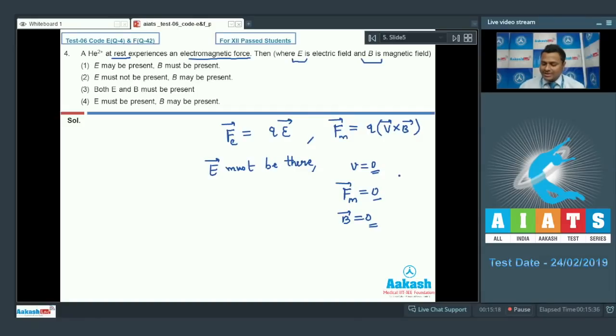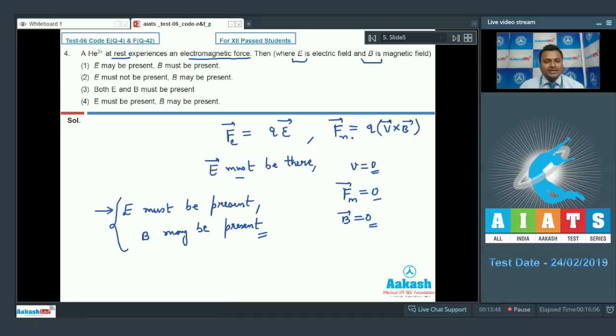So the conclusion we can draw from here is that E must be present, and B, the magnetic field, may or may not be present. So that's why B may be present. Looking at these conclusions, we can say that option number 4 is absolutely correct.